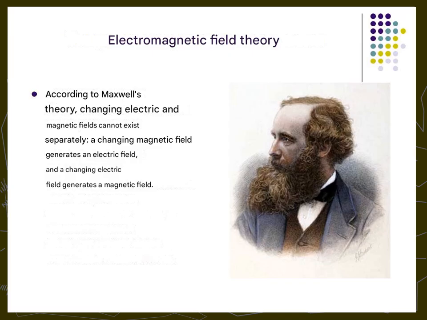That is, a changing magnetic field will generate a changing electric field, and an alternating electric field will again generate an alternating magnetic field. In other words, there is no separate alternating electric and magnetic field. We have a single matter, which is an electromagnetic field.